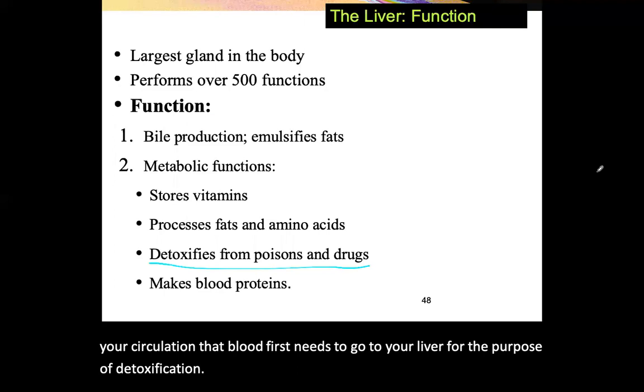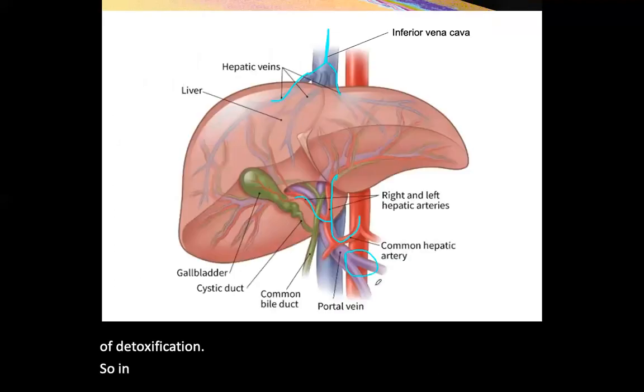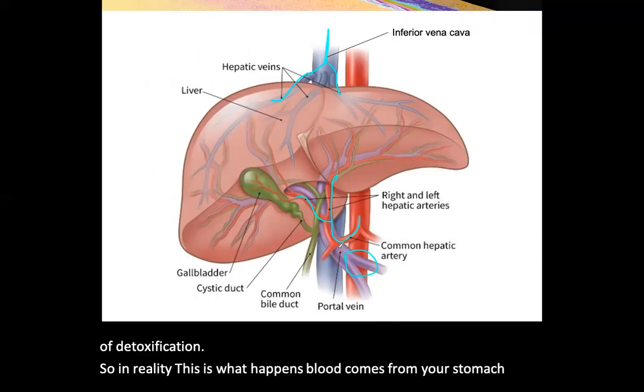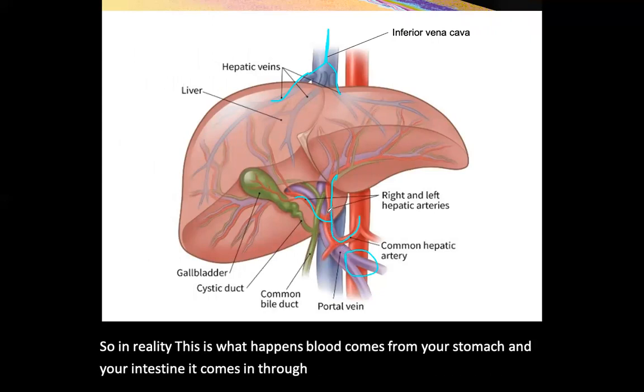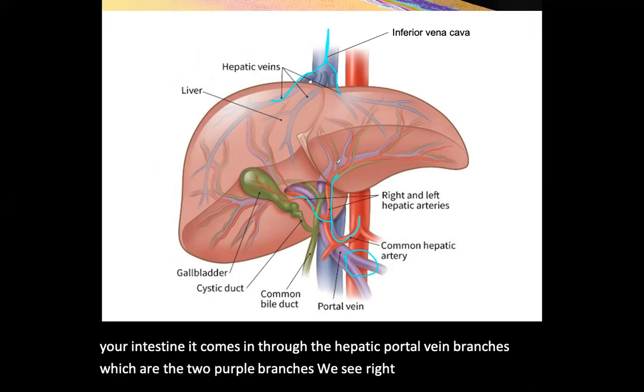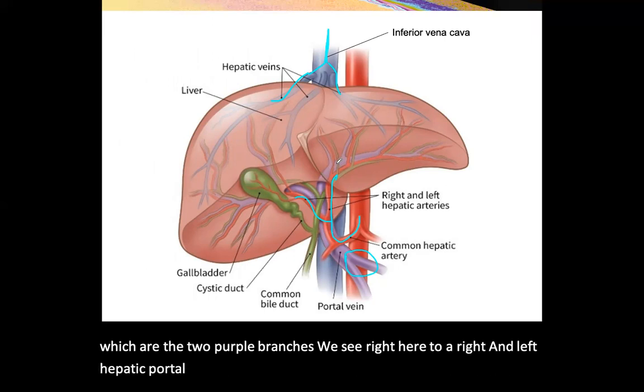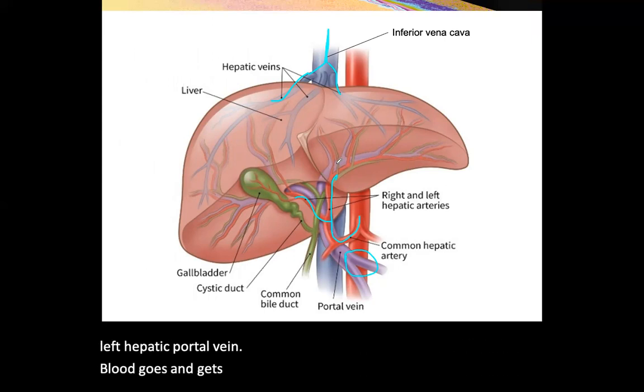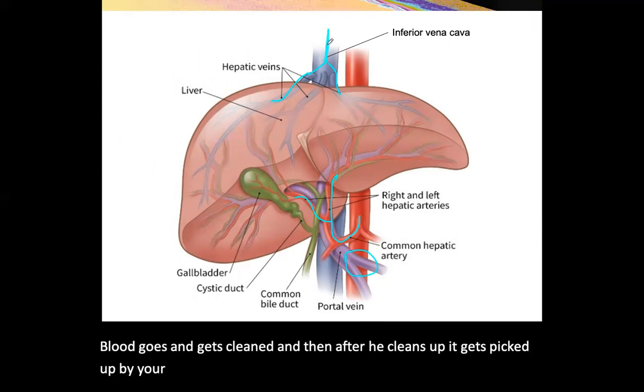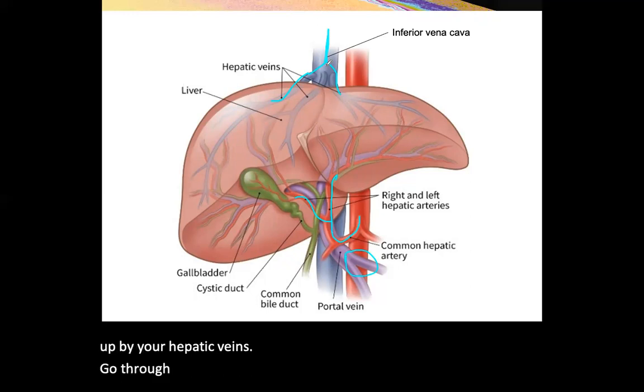So in reality, this is what happens. Blood comes from your stomach and your intestine. It comes in through the hepatic portal vein. The hepatic portal vein branches, which are the two purple branches you see right here, into a right and left hepatic portal vein. Blood goes and gets cleaned, and then after it cleans up, it gets picked up by your hepatic veins and goes through the inferior vena cava.